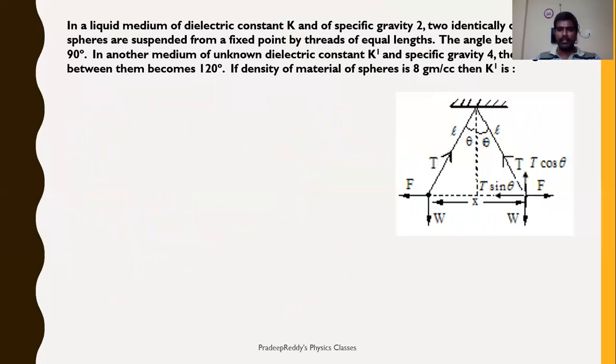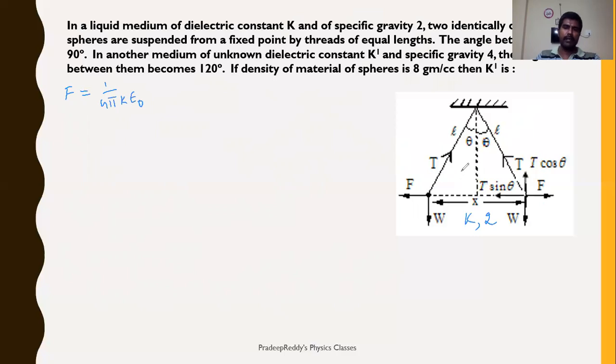Now coming to this figure, here in this first part, this is dielectric constant K, and the relative density is 2. The electrostatic force acting between two charges will be F, which is equal to 1 by 4 pi epsilon naught. Instead of that, you can write it as K epsilon naught, because here we are using another medium.